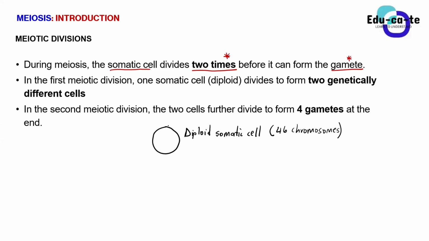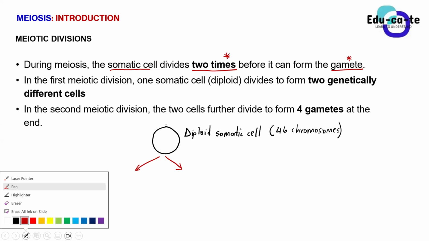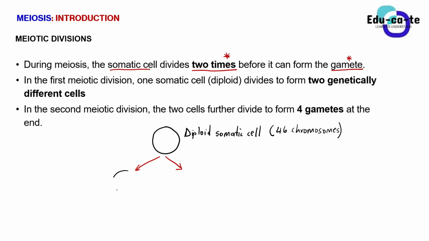What does it do? At first, we say that it's going to divide 2 times. Dividing simply means that it is actually splitting. At some point, the cell will split and form 2 different cells. So one cell, this diploid cell, will divide and form 2 different cells.